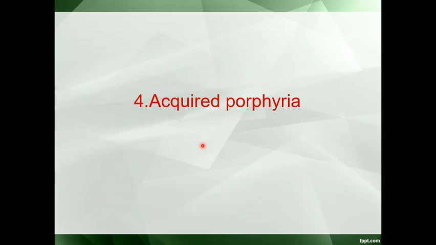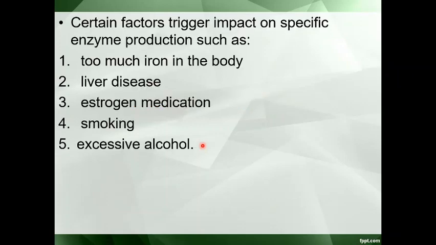Then we come to the acquired porphyria. Okay, like with any acquired disease, whenever you come across one, you always think that certain factors or certain other diseases are responsible for this type of porphyria. They are triggered by some factors or other diseases. Certain factors trigger an impact on specific enzyme production.